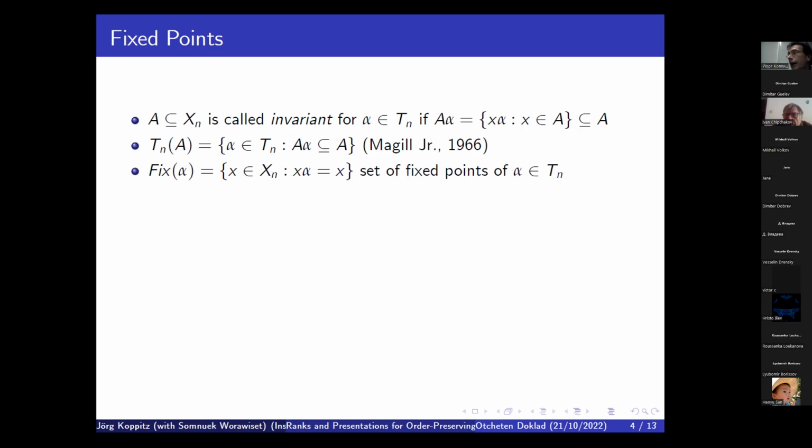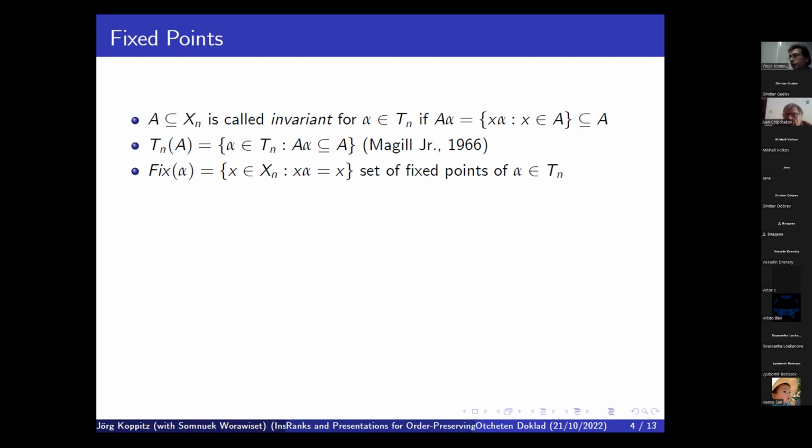If A is only a one-element set, then we can consider the set of fixed points, namely a fixed point of the transformation means, as usual, that the image is equal to the input.